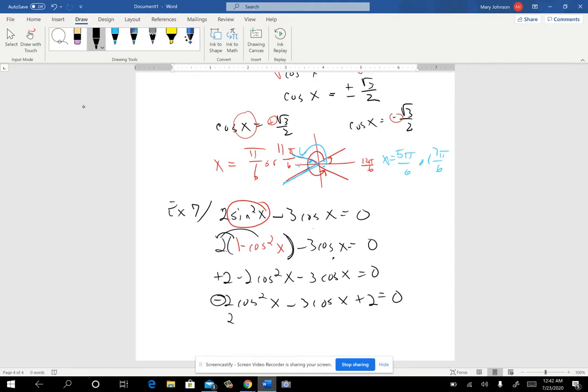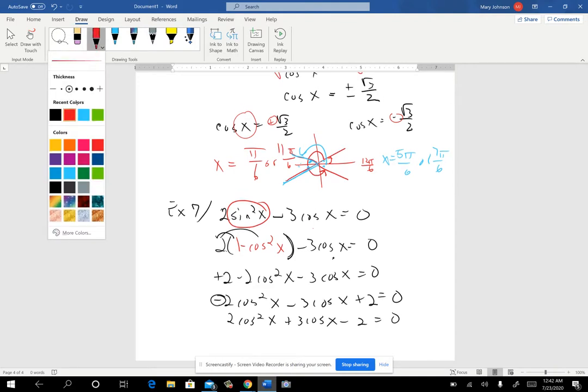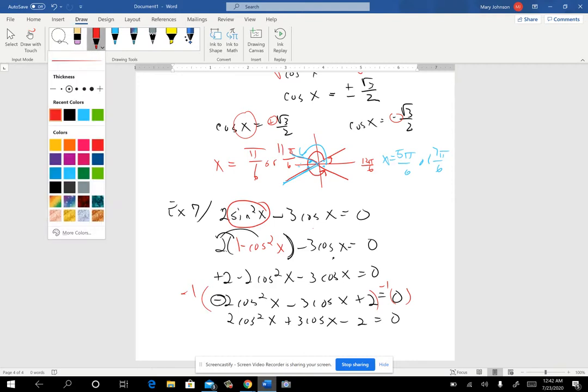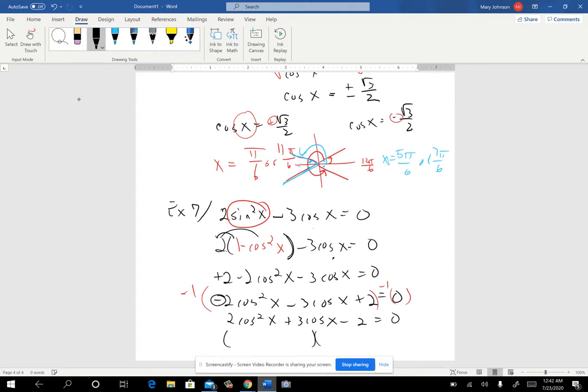So I'm going to change all the signs by multiplying through by a -1. So let me do that. What I did here and here is I multiplied by a -1, and that's always something I can do. So I like to do that because I can factor better when that's the case. Now, if these don't factor, you could use the quadratic formula. I'm just not expecting you to do that.